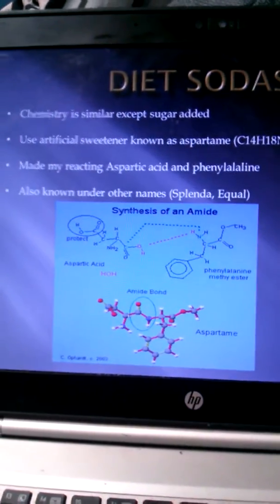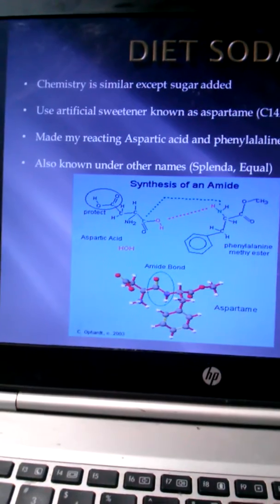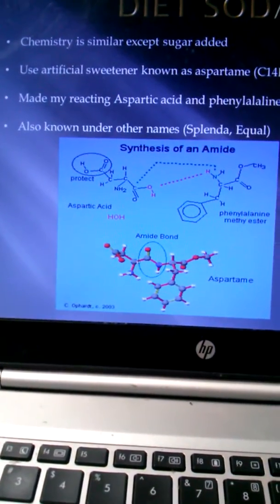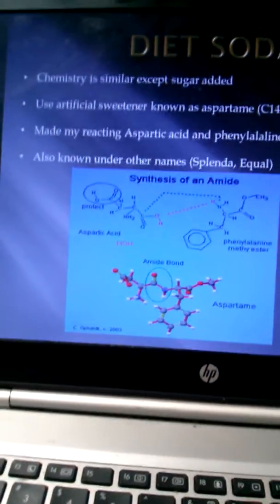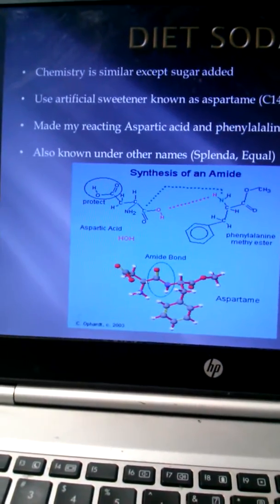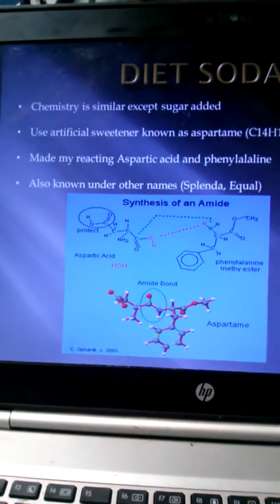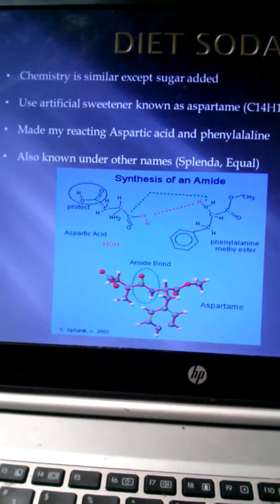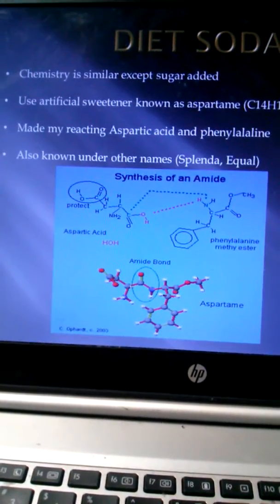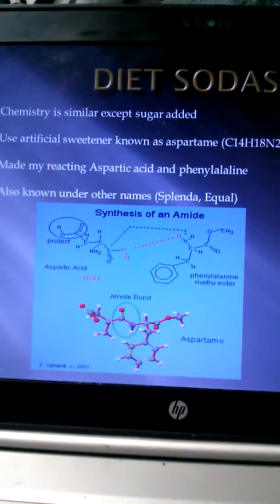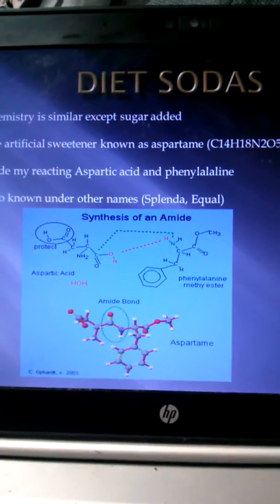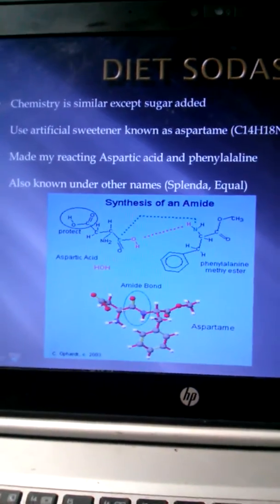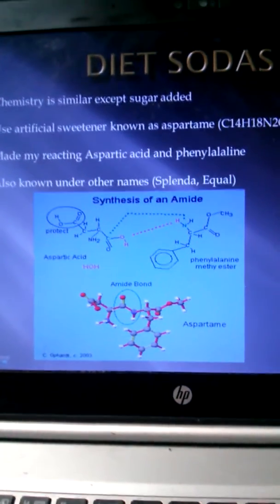You guys can see that up there. They bond to each other to make this amide bond, which is also known as aspartame. This also goes under different names such as Splenda and Equal. The problem with this, because soda has many problems, is that it has been linked to cause cancer. So people like me who are diabetic and are drinking these diet sodas, we might be more at risk, unfortunately.